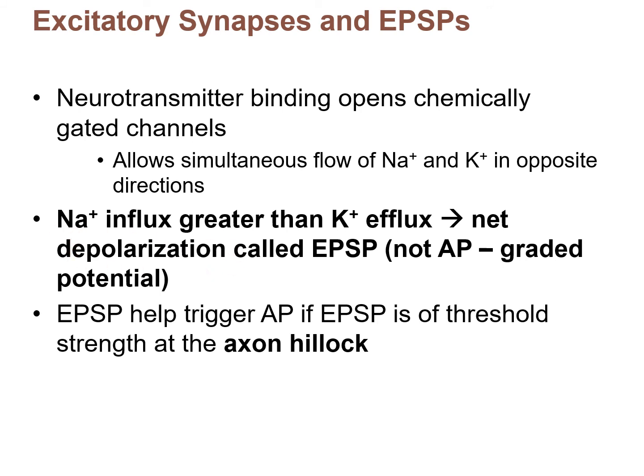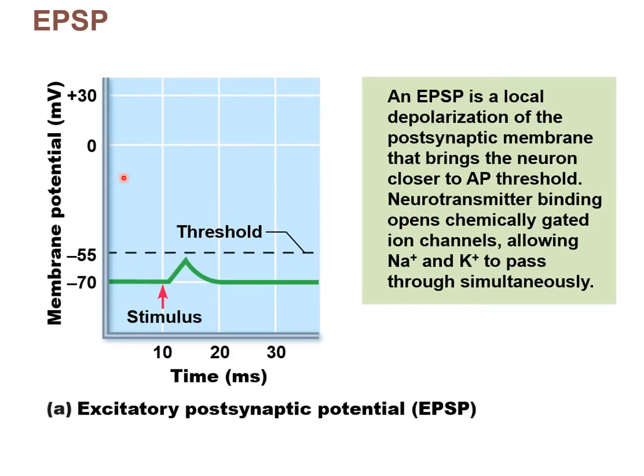So let's look at the picture. This is looking at the dendrite of that postsynaptic neuron. Here we have the stimulus, and we saw the stimulus brought it closer to positive. By the way, once it gets to threshold, -55, it's going to go all the way to +30. So we don't have to get all the way up there with depolarization to produce an action potential.